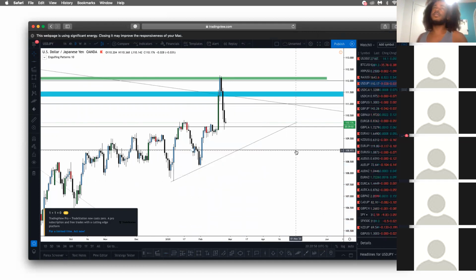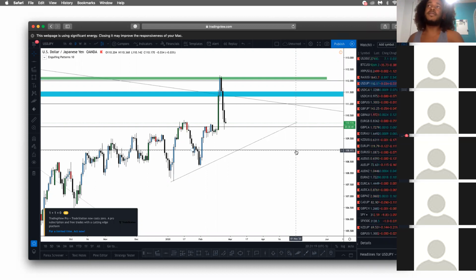Now you could even go deeper to 110.500, but we're on a higher time frame, so we want to deal with the most important levels, the significant levels, right? If we were to drop down to the 1 hour or the 4 hour, then we could put in the half and the quarters, right?